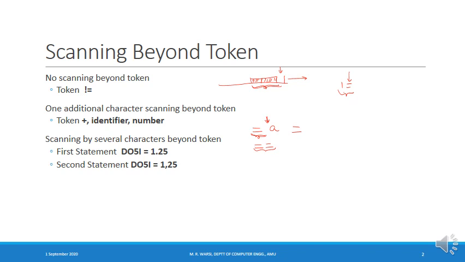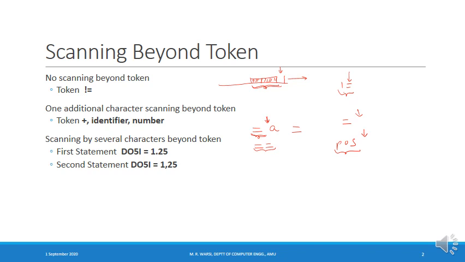But if I have the equal sign, in order to recognize this as a token, I will have to look at the next character. Similarly, let's consider the identifier. If in the program I have an identifier, the lexeme is pos. In order to recognize this as an identifier, I will have to look at the next character, whether it is white space or a punctuation symbol. Then only I can say that pos is a lexeme corresponding to the token identifier.